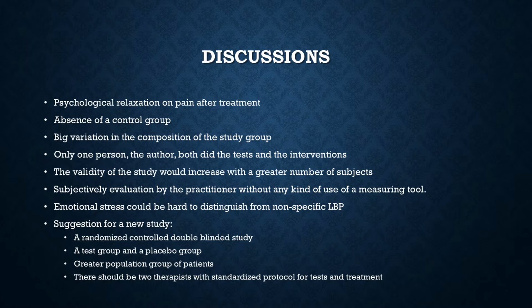A specific mobility test was used for evaluating possible tensions and restrictions around the sigmoid colon. The bias was that this was subjectively evaluated by the practitioner without any kind of measuring tool.